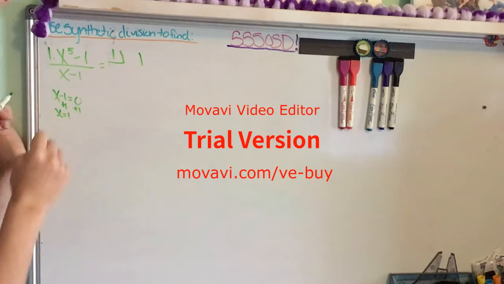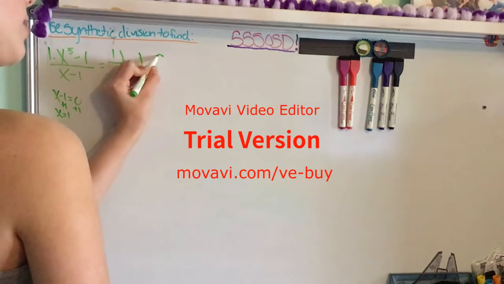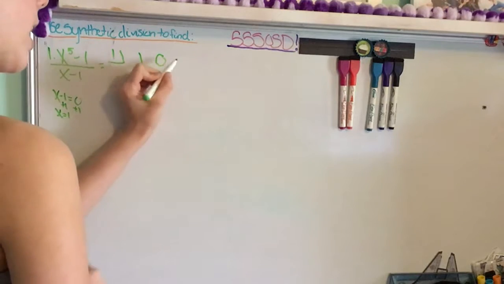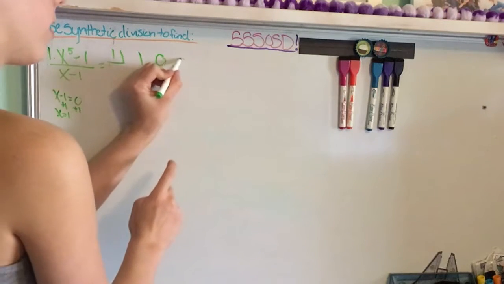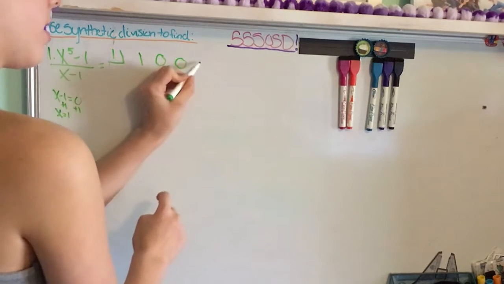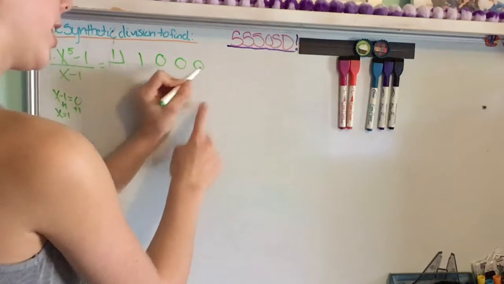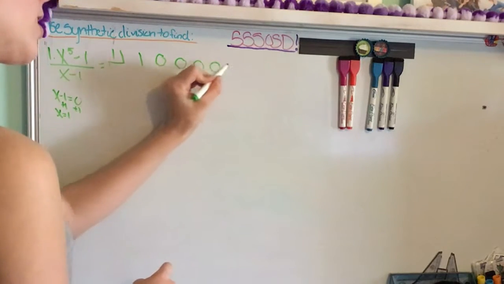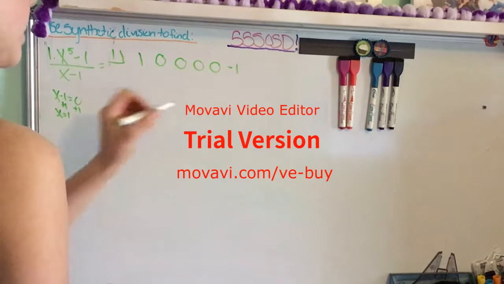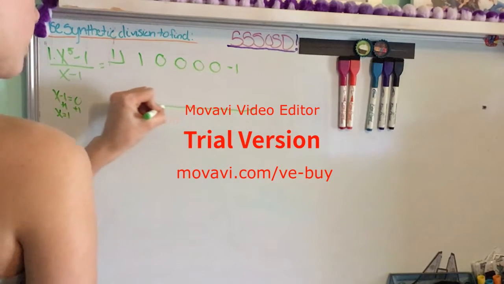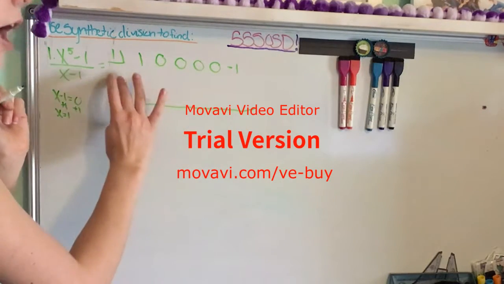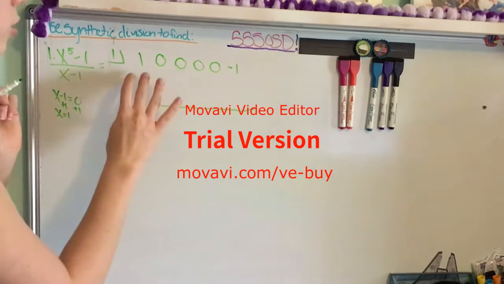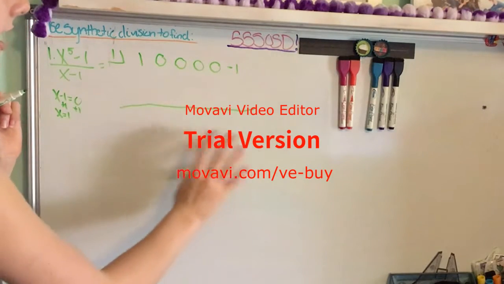So because we do not have any of those terms, we are going to put zeros there. So this will be x to the 4th, x to the 3rd, x squared, x to the 1st, and negative 1. And now we're going to draw a line here, and make sure you leave enough space to write some more numbers there and underneath.